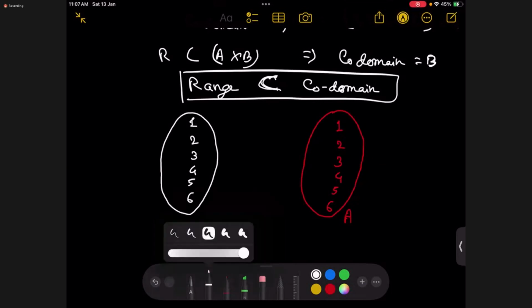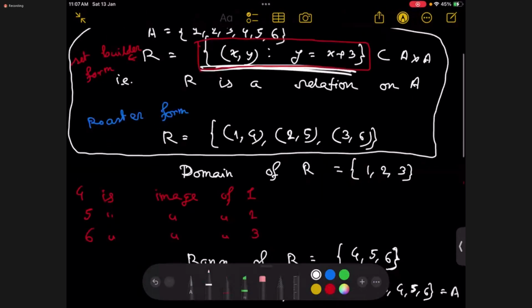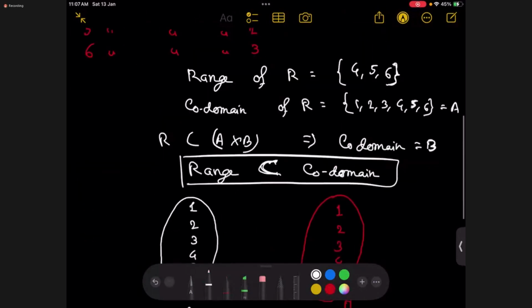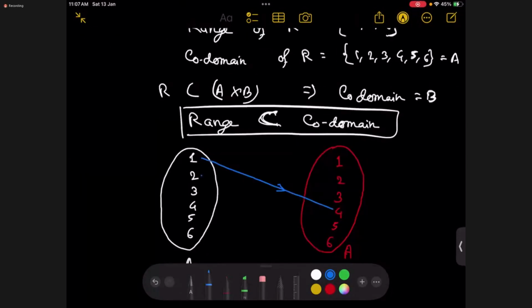So what are the elements of the relation? 1, 4. That is, we are sending 1 to 4. Then we are sending 2 to 5 and 3 to 6.